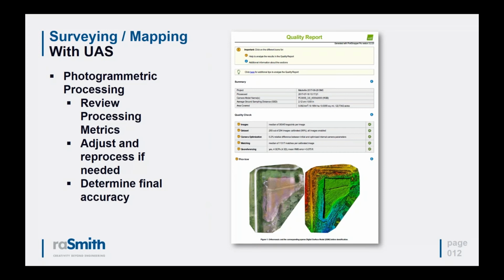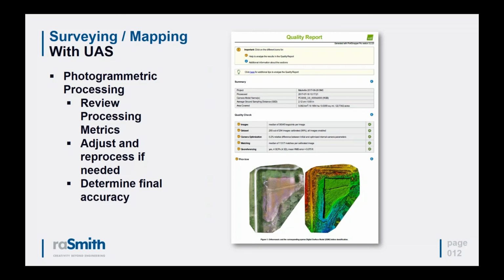But at the end of the day, trying to quantify accuracy of a flight like this has really been an issue that has plagued this technology, especially as it applies to survey type projects. Just because you have a set of green check marks in a processing software doesn't mean that you're accurate, or that you're accurate to within a certain degree.